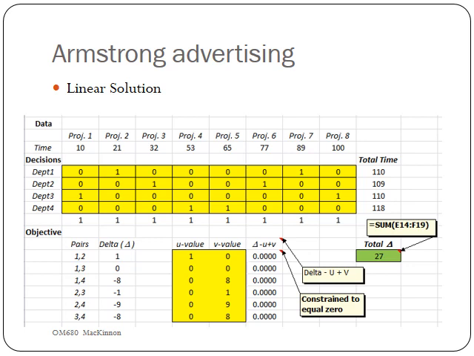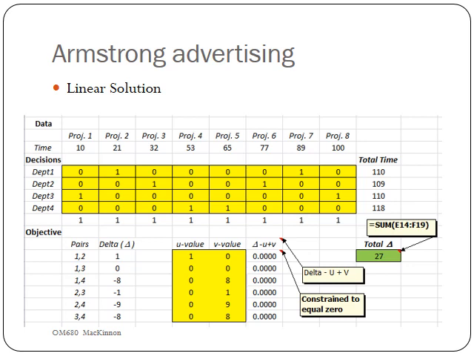We introduce two values, U and V, okay? And the U and the V values become decision variables just like all of the rest, okay?